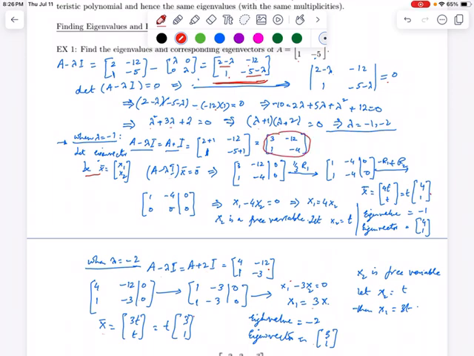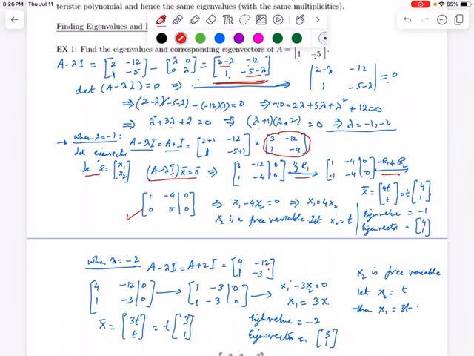Now because I have to solve this equation for some vector x, I can augment the 0, 0 with the matrix and do our row operations. These are the two row operations I did. One is this, and I will get that matrix. And from here x1 minus 4x2 is equal to 0, so that x1 is equal to 4x2.